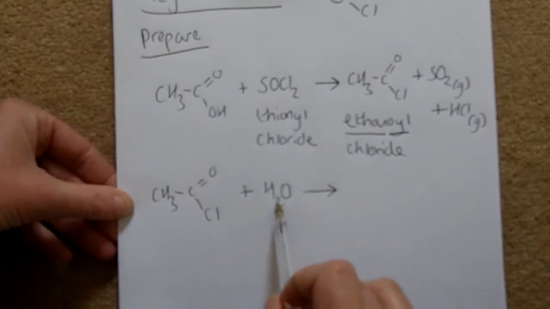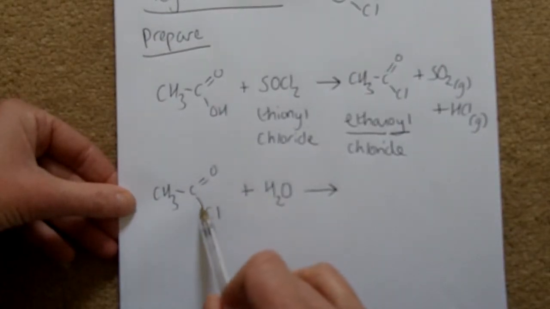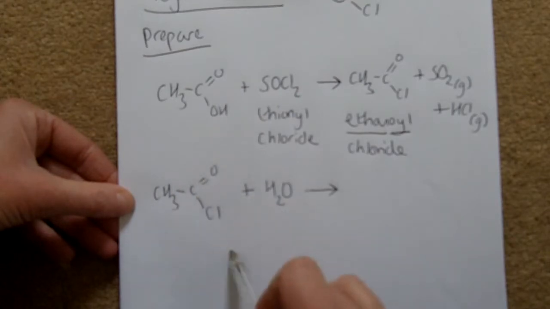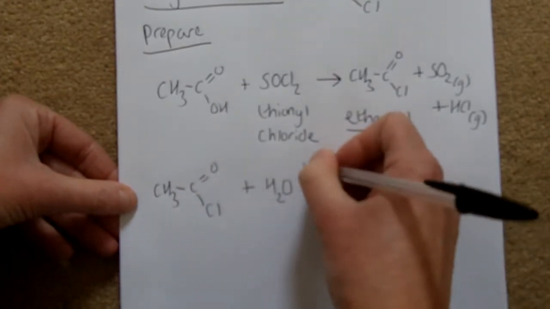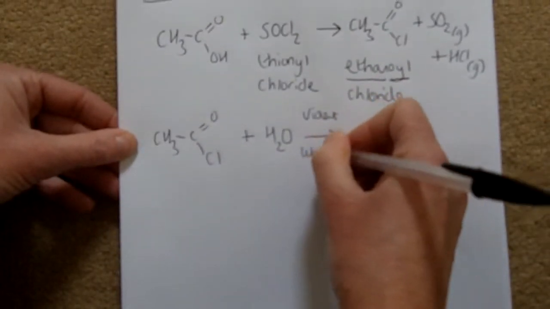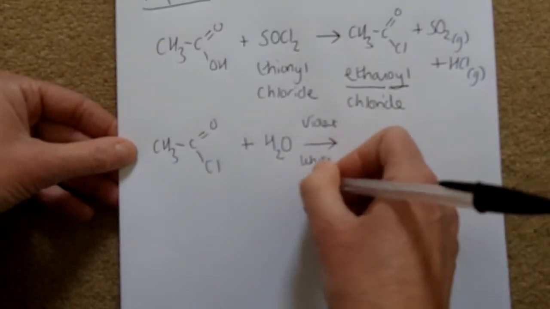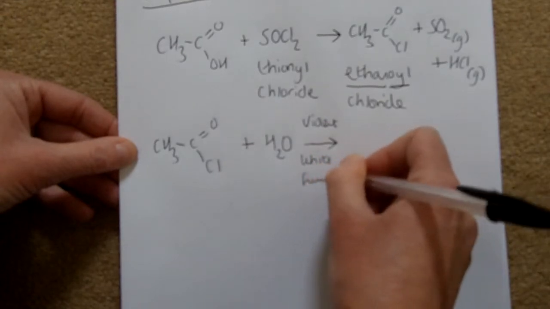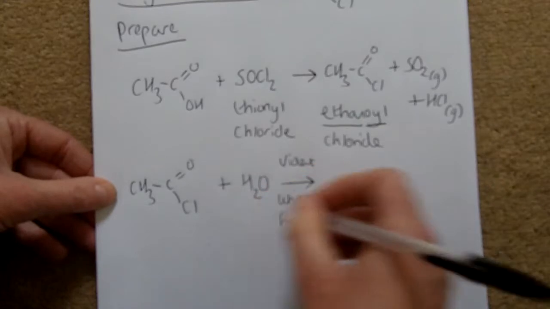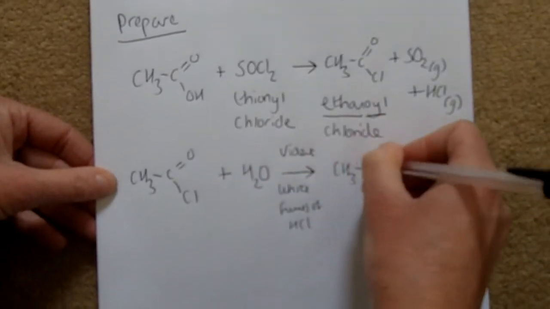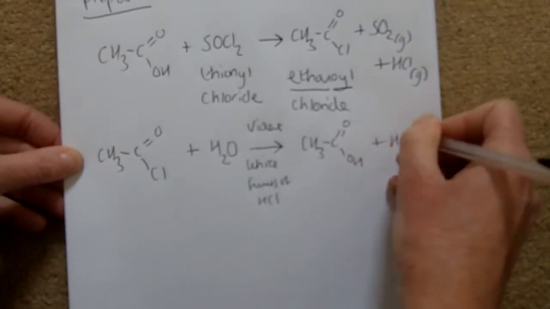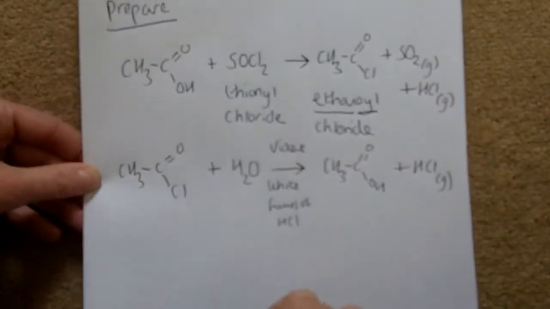If you were to put a drop of water onto the acyl chloride, it's a really violent reaction, and you get white, steamy looking fumes of HCl. But it'll even fume in just air. And then you go back to the carboxylic acid, and HCl gas as well.